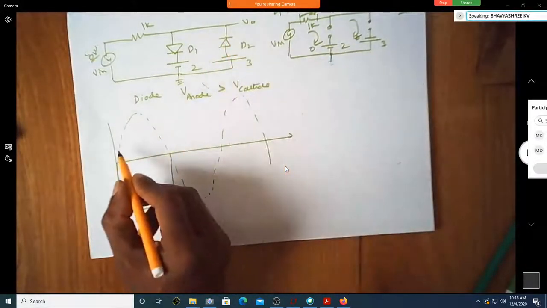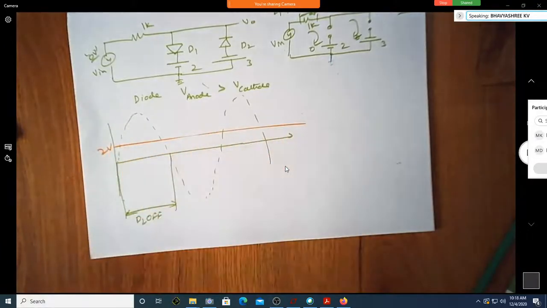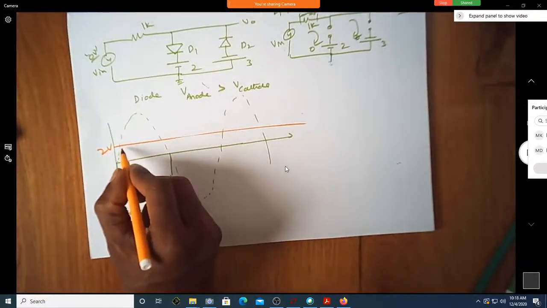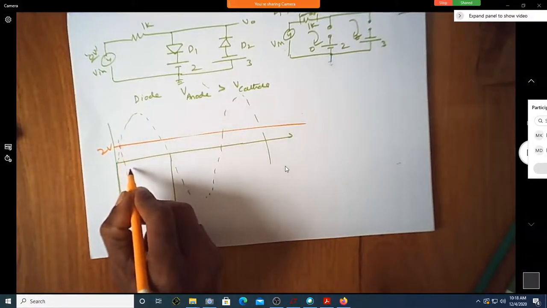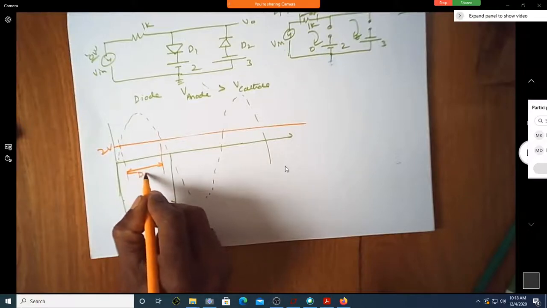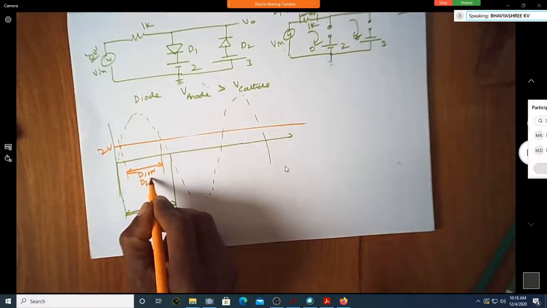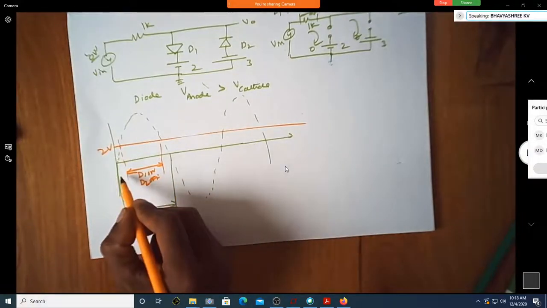Because it is reverse biased. This is 2 volt. Correct? If the input voltage exceeds 2 volts, does D1 turn on here? Yes, sir. So D1 on, D2 off. Correct?